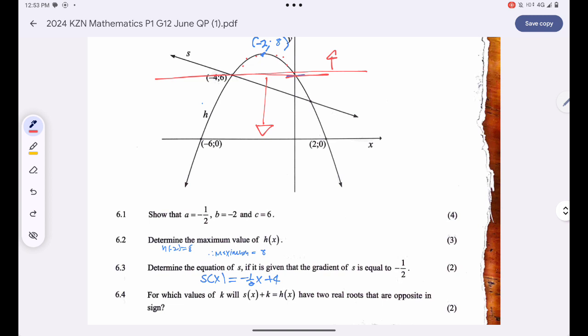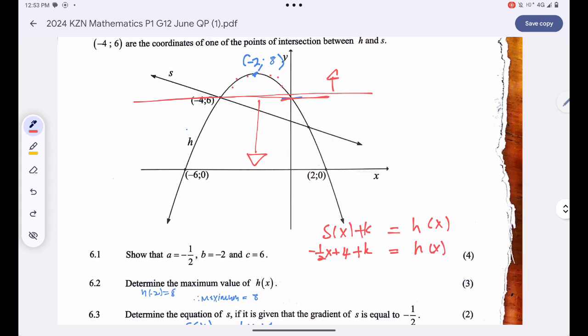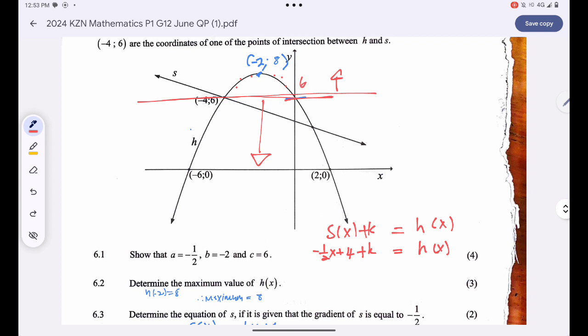So remember that I have s of x plus k being equal to h of x. This is -1/2 x plus 4 plus k is equal to h of x. Remember that, guys, the y-intercept of my h of x is equal to 6.